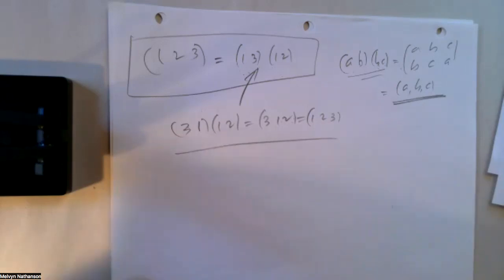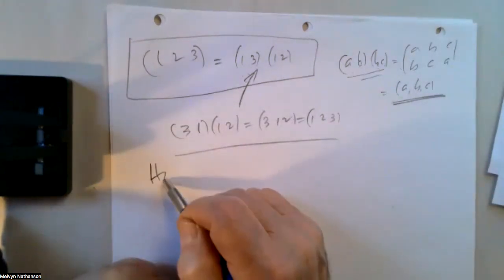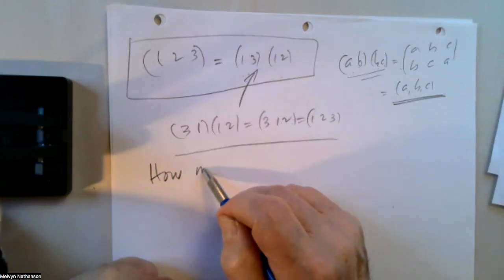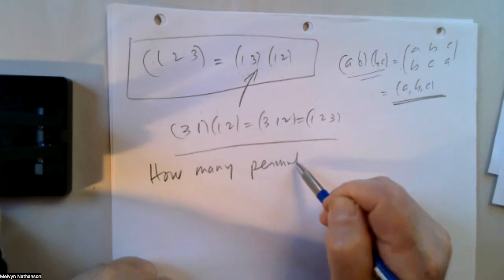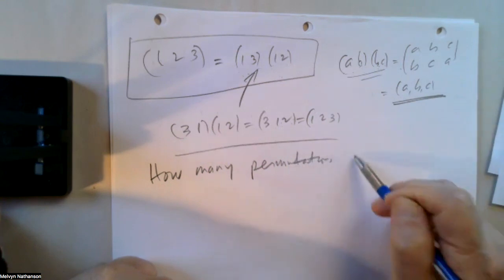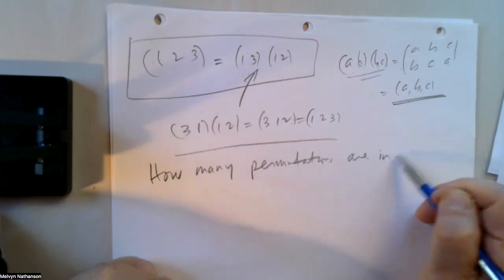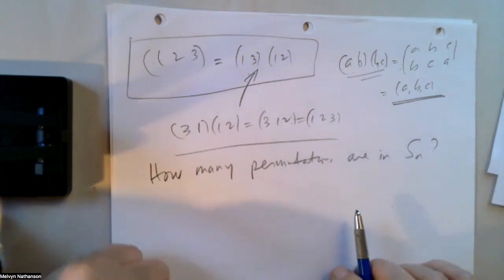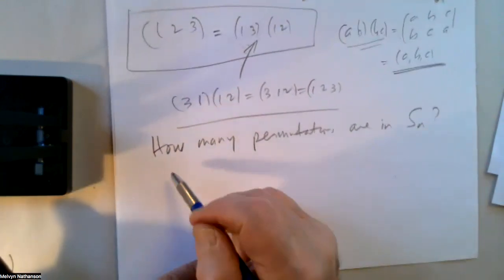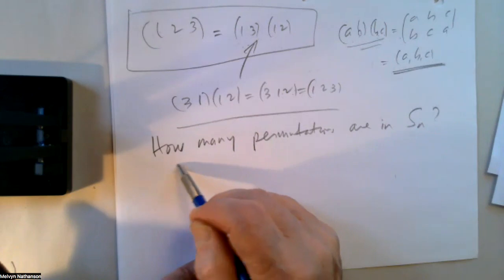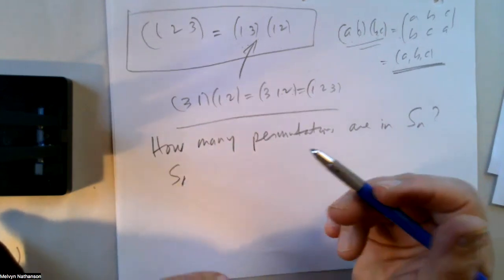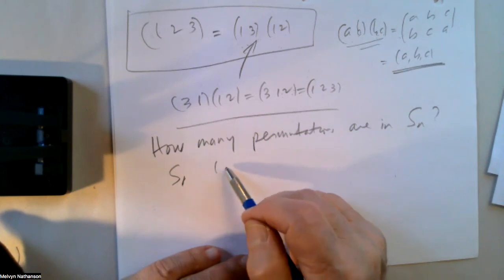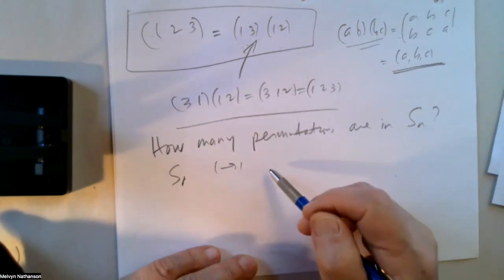Let's just make one other remark. Let's ask the question, how many permutations are in Sn for any positive integer n? So let's look at some examples. S1 is just permutations of the number 1. Well, the only way you can permute 1 is 1 goes to 1.